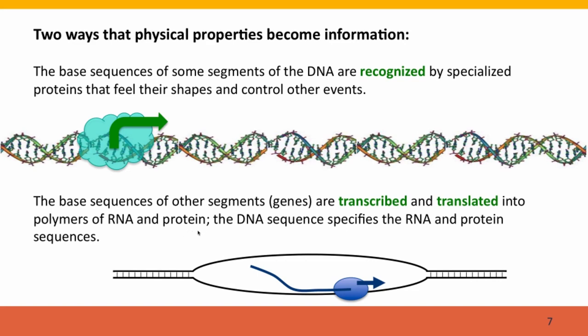We'll talk a lot about protein in Module 3. The DNA sequence specifies the sequence of these molecules. This is just a little diagram of the process of transcription, where we have double helical, double-stranded DNA that's come apart. It's unzipped so that this protein can make an RNA copy of one strand.